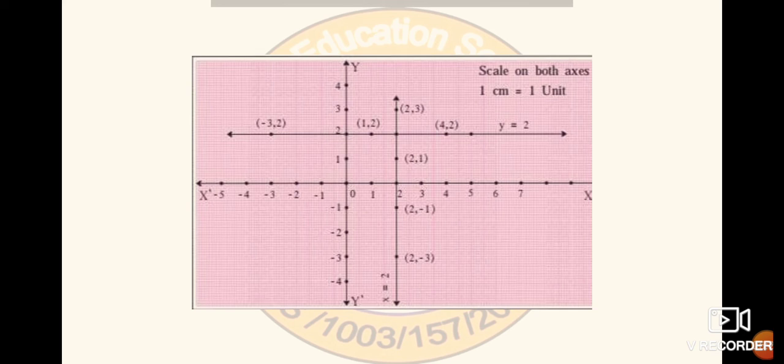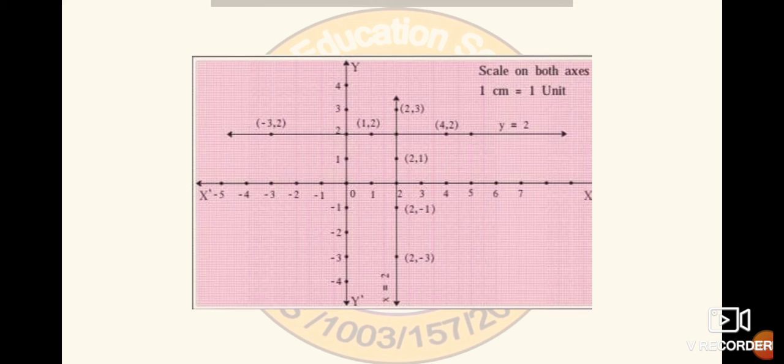Y coordinate is the same, so the line is parallel to the x-axis. See what I am saying? I am just focusing on the horizontal line. Its y coordinate is the same, so that line is parallel to the x-axis. And through which point has that line passed?